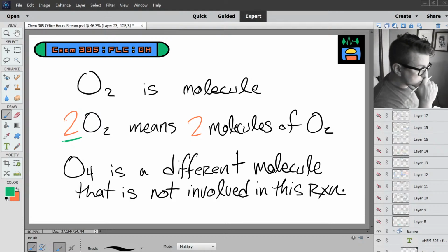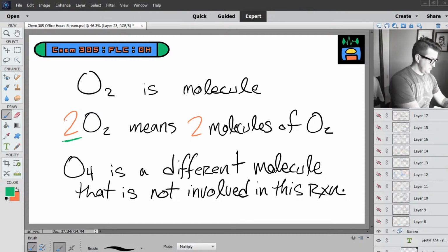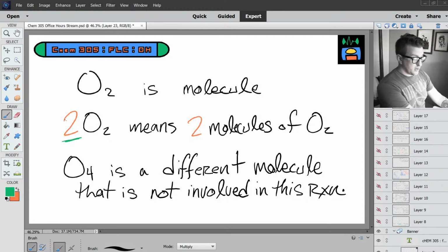Oh, let's see. Okay, Susan. So the product of this reaction is magnesium oxide, and this is a reaction that makes two of them.